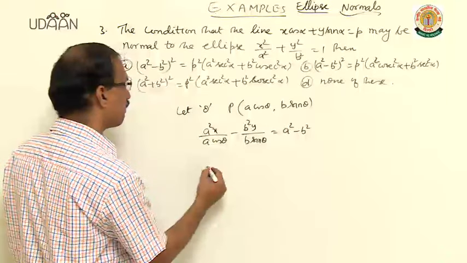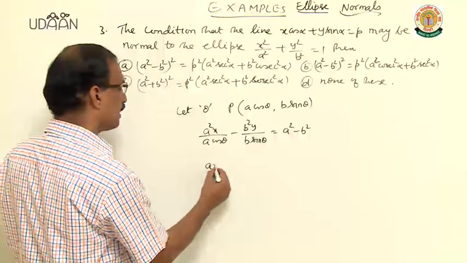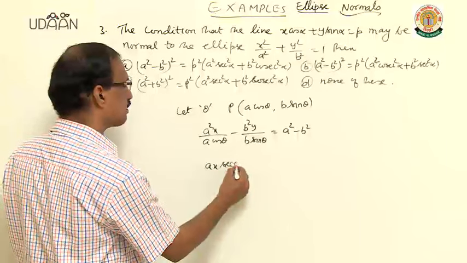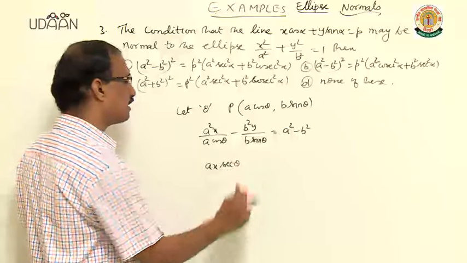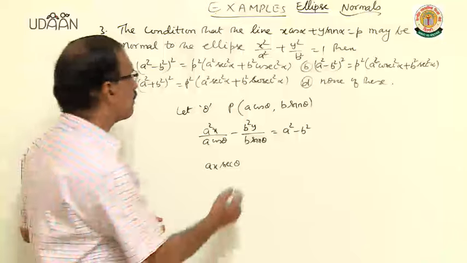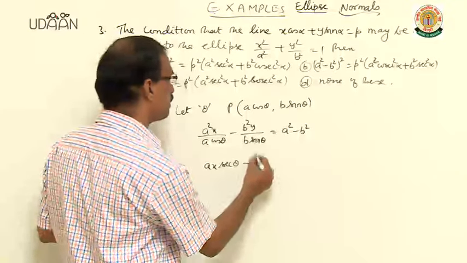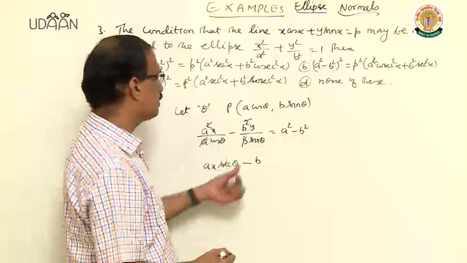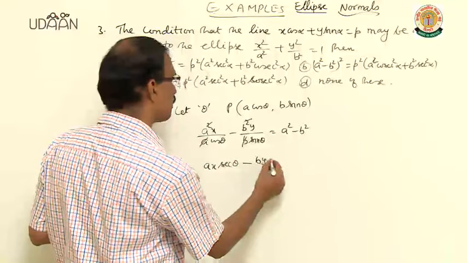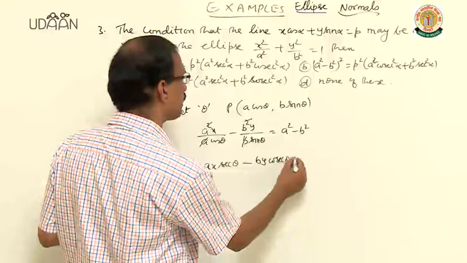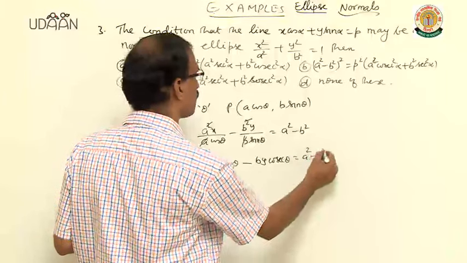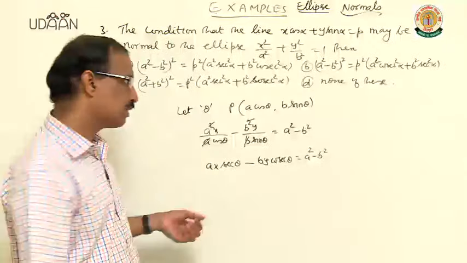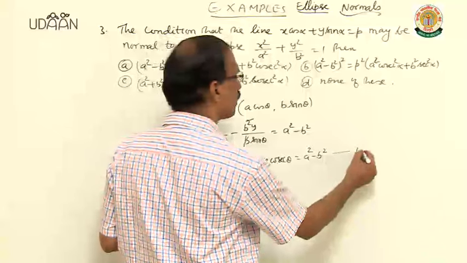Or in other way around you can write a x sec theta, because 1 by cos theta is sec theta, minus b, 1 b gets cancelled, here 1 a gets cancelled, b cosec theta equals a square minus b square. So let us assume this is equation 1.